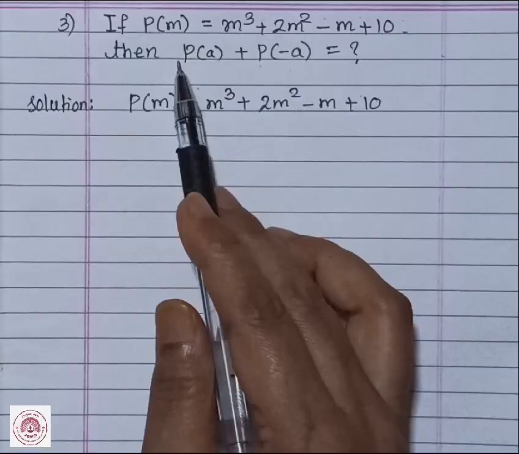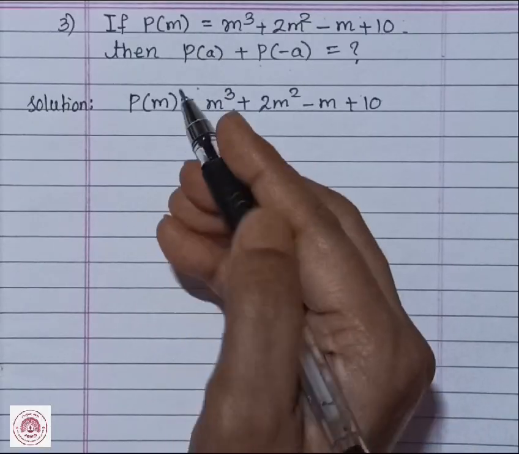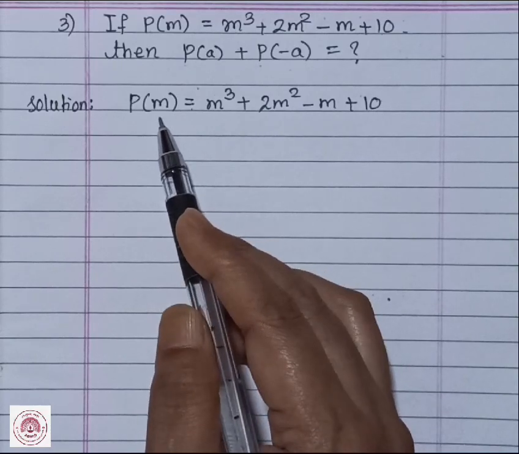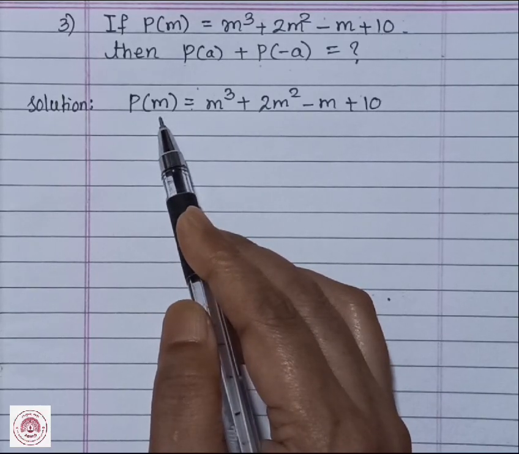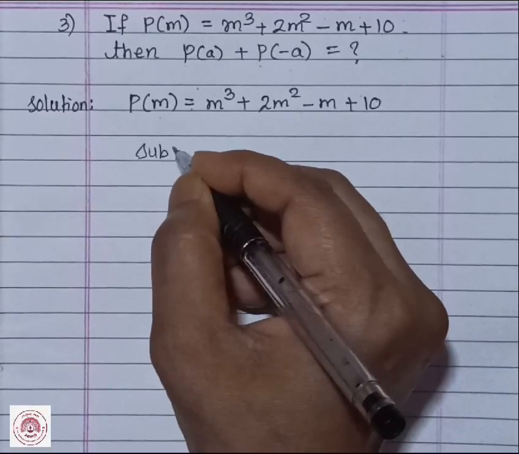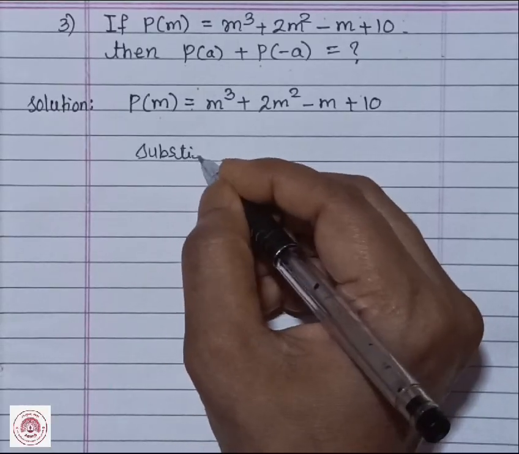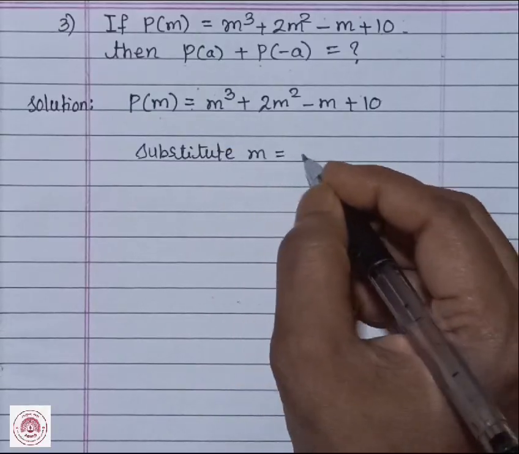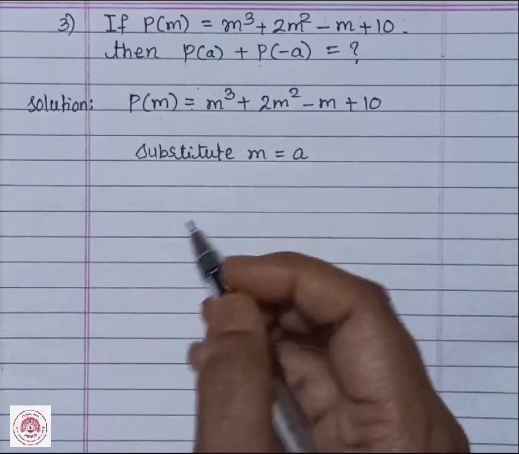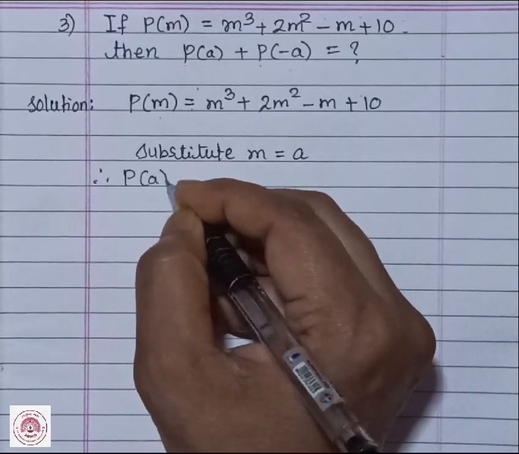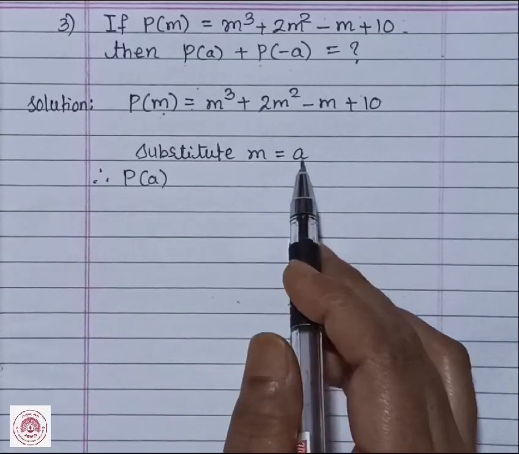So first we will find P of a. To find P of a, we have to substitute m equals a. Okay, so let's substitute m equals a. Therefore for P of a we will replace m by a.